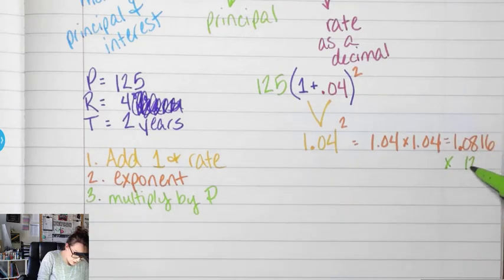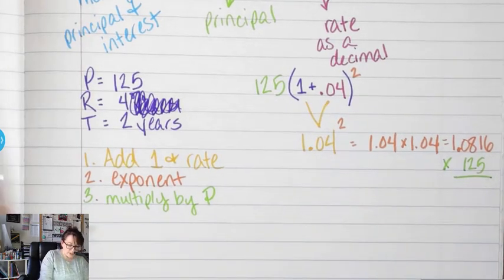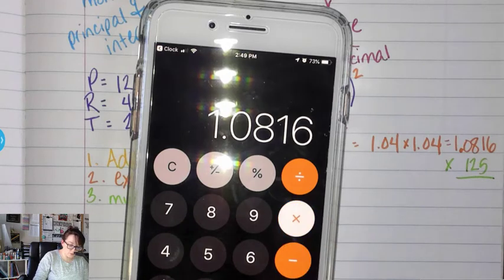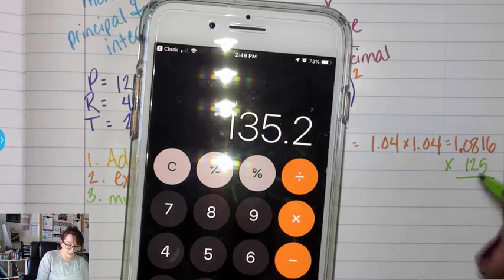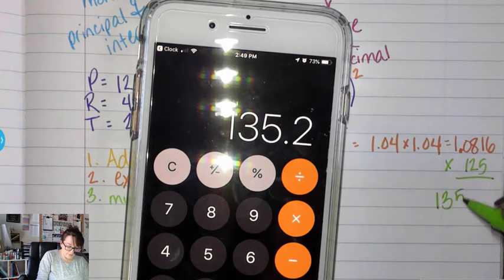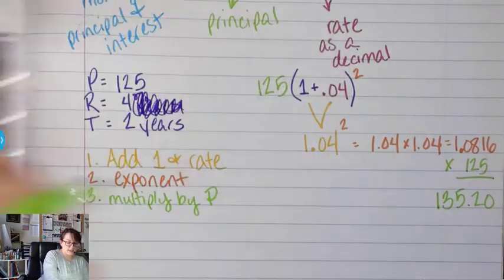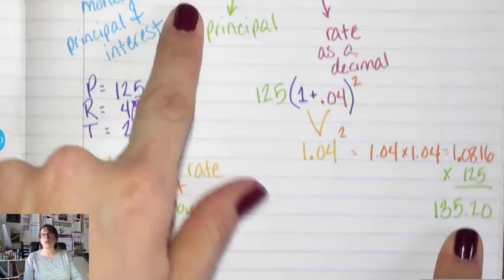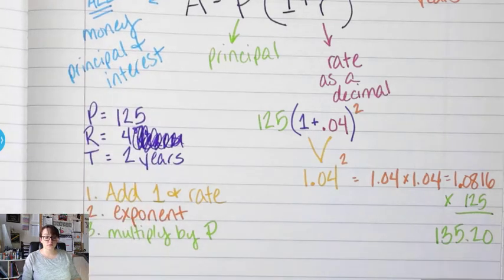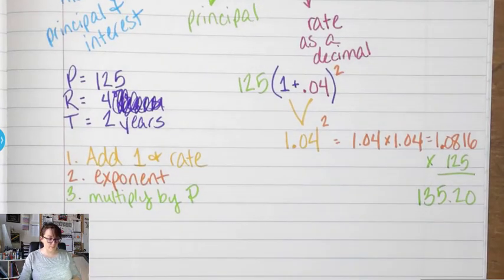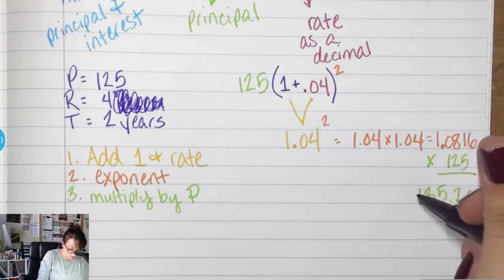Times 125. So this times 125 is $135.20. Now, this is all the money. It's the principal plus the gift from the bank. So this is A, all of it.